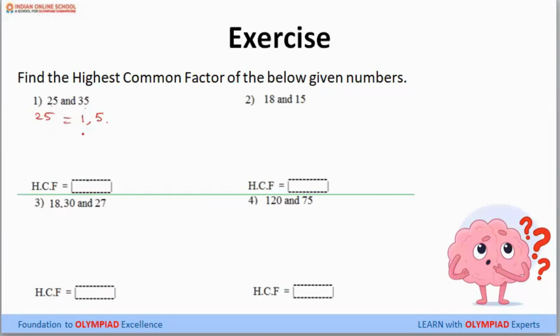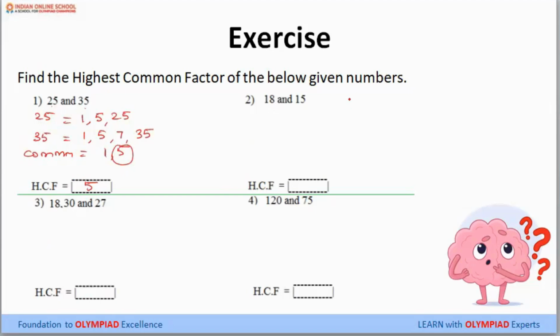And what are the factors of 35? 1, 5, 7 and 35. Which one is the common one? 1 and 5. Which is the highest out of 1 and 5? 5. So our answer is 5. Got it?